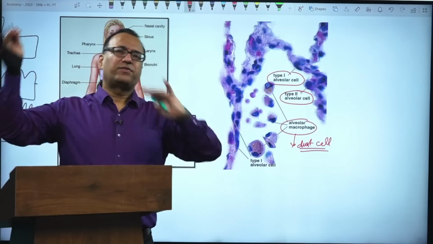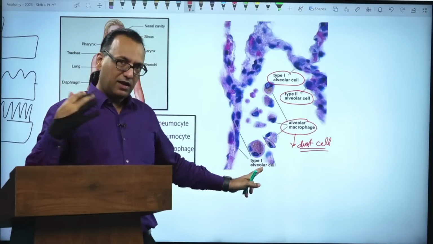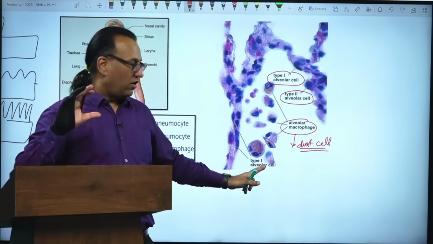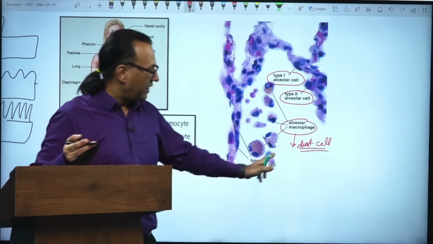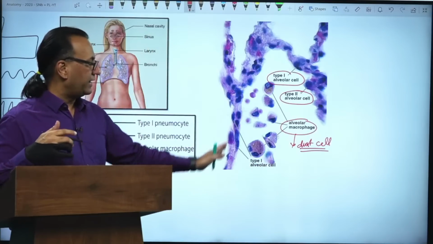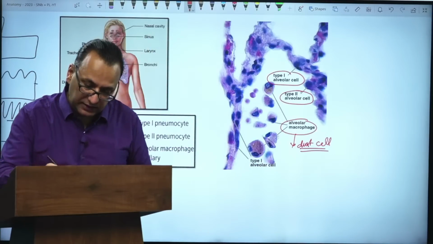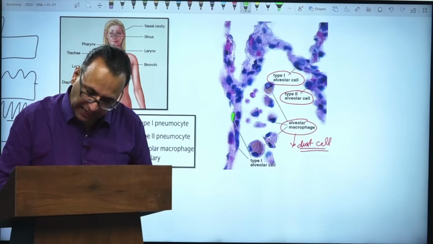It is a large cell with a lot of inclusions. The dust cell can be in the lumen of the alveoli or in the wall of the alveoli. In the wall of the alveoli, mostly you will have a flat cell with a flat nucleus, type 1.